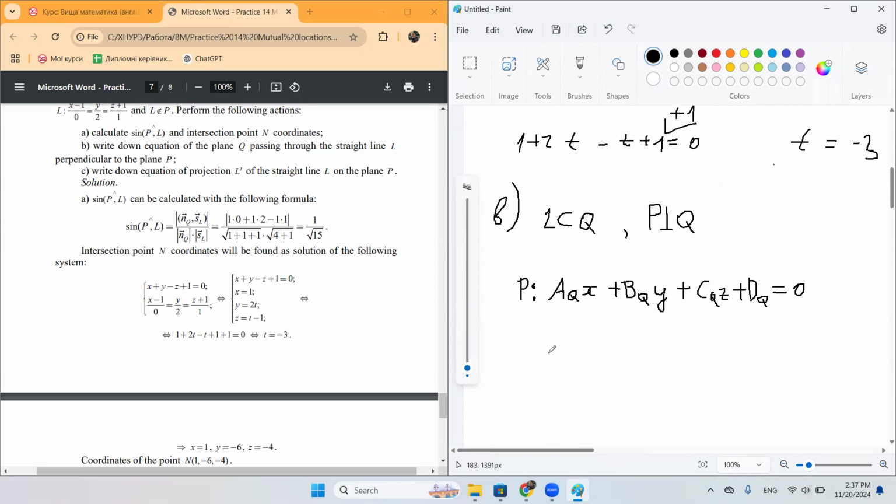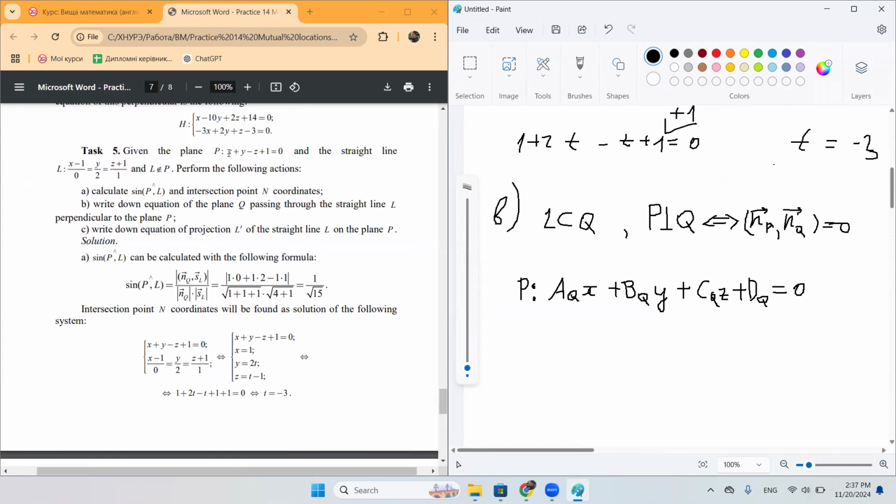So what do we know from this? The normal vector of Q and the normal vector of P are perpendicular, so the scalar product of the normal vectors is 0. The normal vector of P is the following: 1, 1, minus 1.